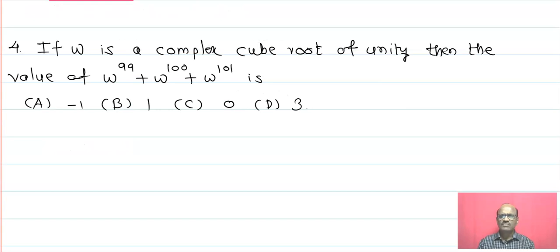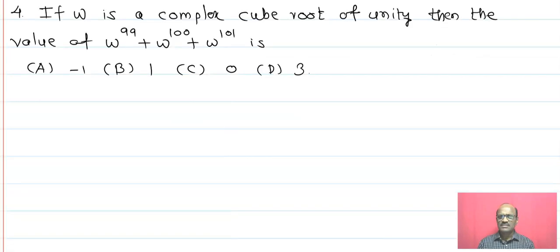Next is the fourth one. If omega is a complex cube root of unity, then the value of omega raised to 98, omega raised to 100 and omega raised to 101 each. Now see this. Omega cube is 1, and 1 plus omega plus omega square is 0.